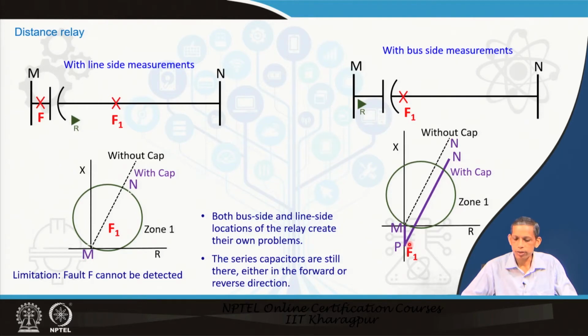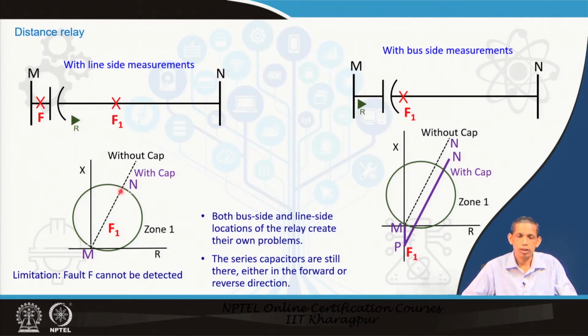What we see here is that the fault at F1 just after the capacitor will be this point, and the end will be this point, and accordingly we have a zone 1 setting, which without the capacitor becomes like this, as we have shown. So, if we consider the line side measurements at this point, versus the bus side measurements at this point, then in the bus side measurements the capacitive effect comes into the picture in the apparent impedance, but in the line side measurement the capacitive effect does not come into the picture.